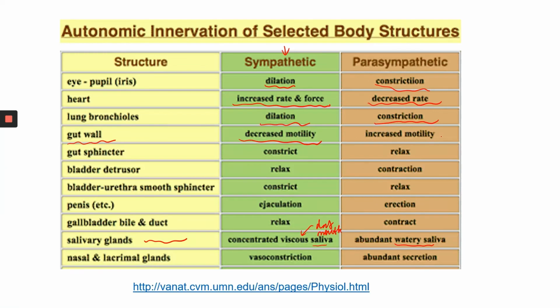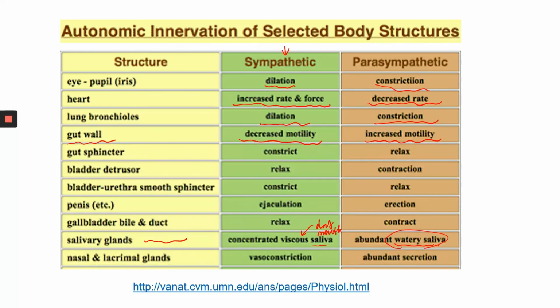Gut walls, now you can perform digestion. So the smooth muscle in the gut walls will increase their motility to allow digestion. And then the salivary glands, like I said earlier, you're going to have more watery, abundant saliva to digest food. So digestion of food actually starts in the mouth.